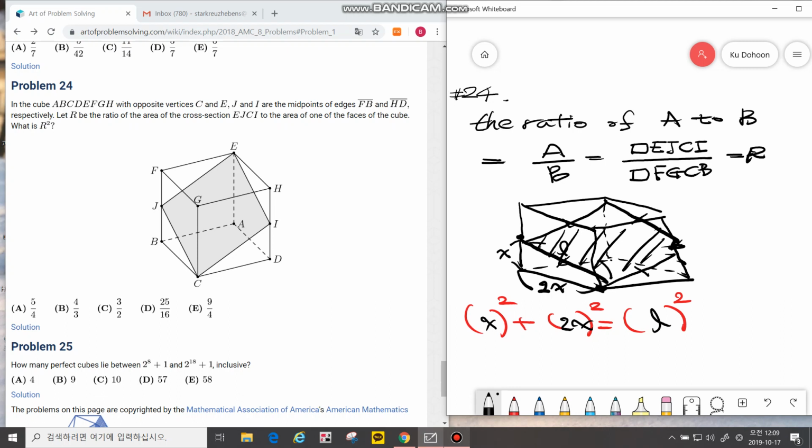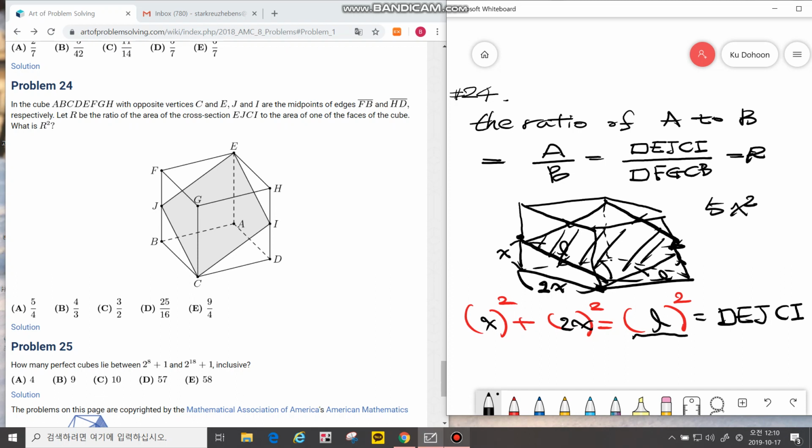Therefore, this is also L. Now the area of EJCI, if you simply calculate that, is 5x squared.